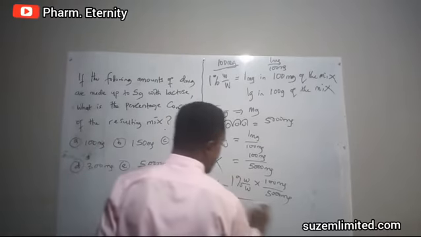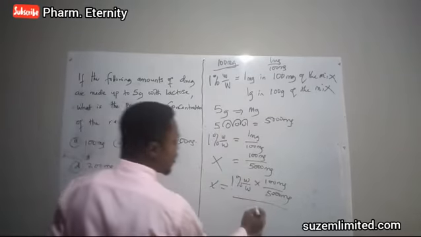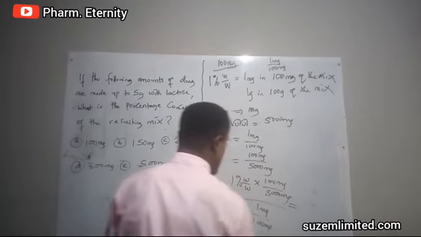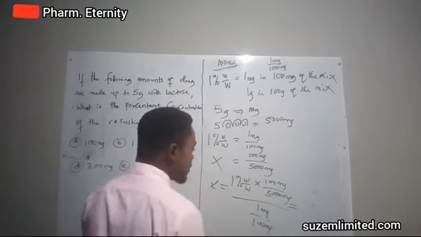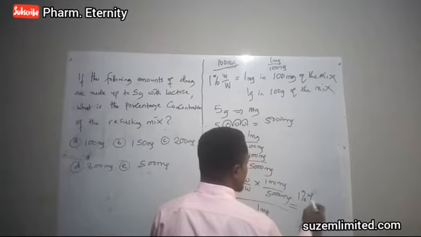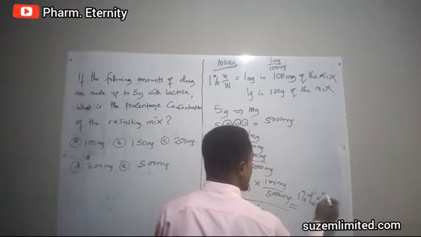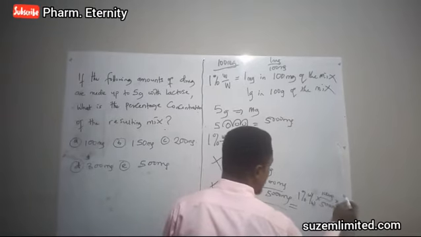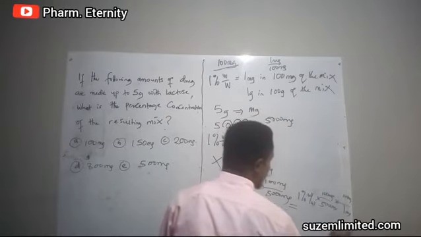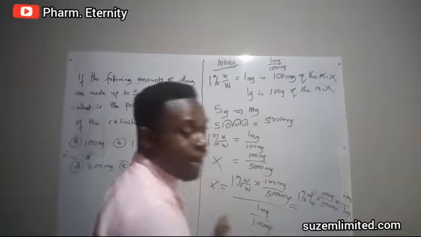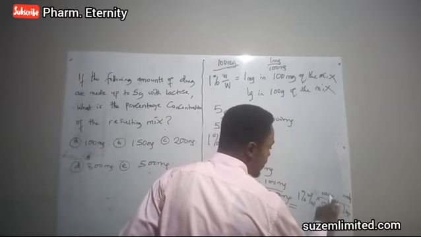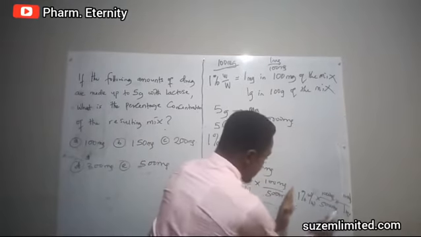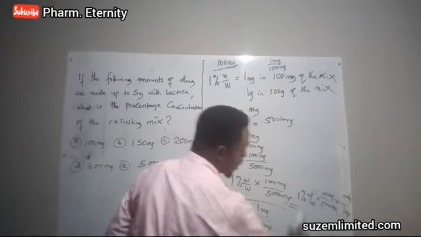So we have 1% weight per weight times 100 milligram over 5,000 milligram times 100 milligram over 1 milligram. Milligram cancels milligram, all the milligrams go.